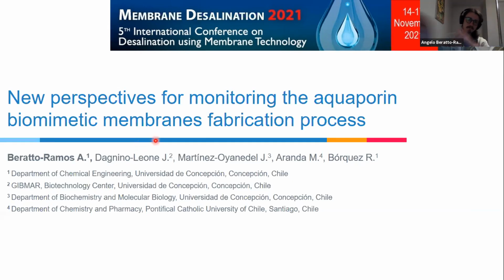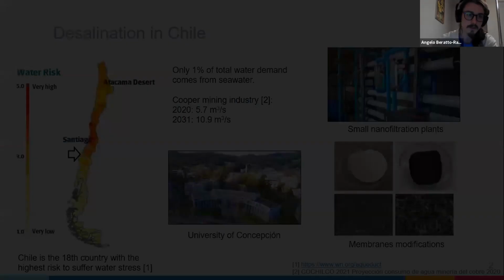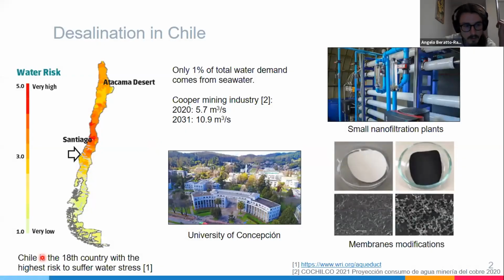Well, as was said, I'm a PhD student from the University of Concepción in Chile. First of all, I'm going to make a small introduction about the state of the desalination industry in Chile. According to the WRI organization, Chile is the 18th country with the highest risk of suffering water stress.